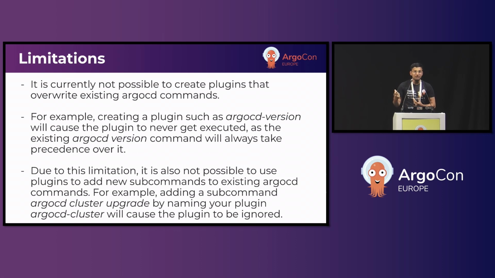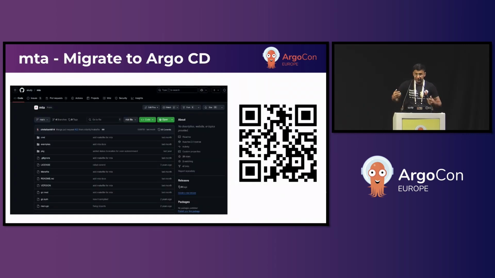Why? Because Argo CD cluster is actually a normal subcommand. So Argo CD is going to see, does Argo CD cluster exist? If it does exist, it's not going to invoke your binary, even if you put it in your system's absolute path.